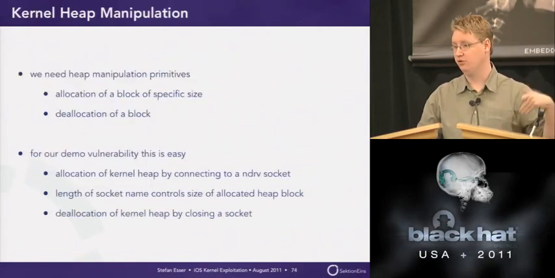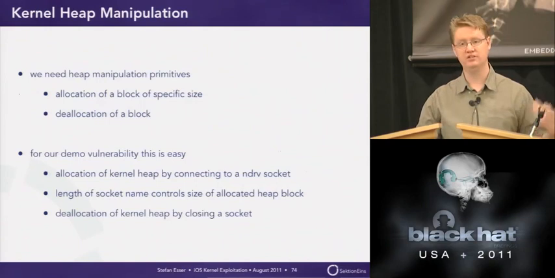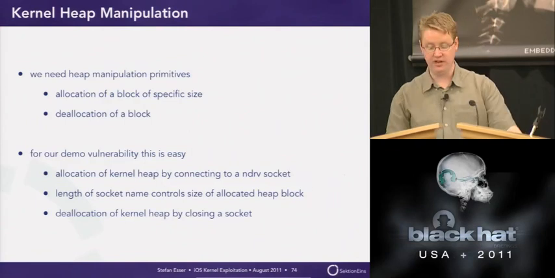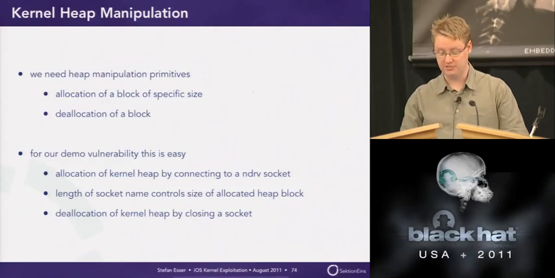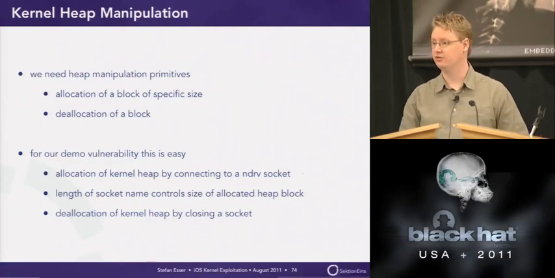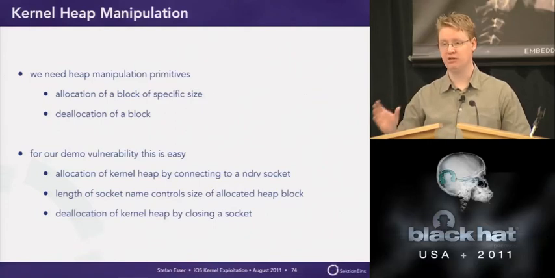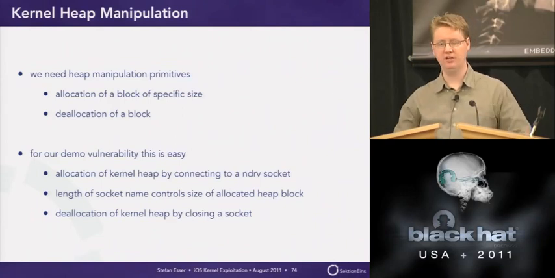So how do you do all this kernel manipulation? You usually need heap manipulation primitives, things that allow you to allocate a block of memory in a specific size and to deallocate some memory. In our case, it's very easy to do that because we are dealing with NDrive sockets. When you connect an NDrive socket, you can give it a name with a small but arbitrary length.